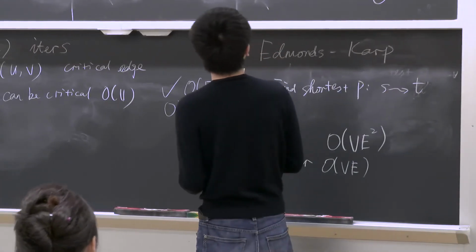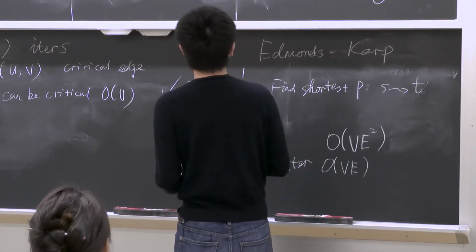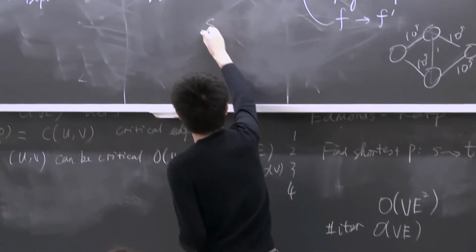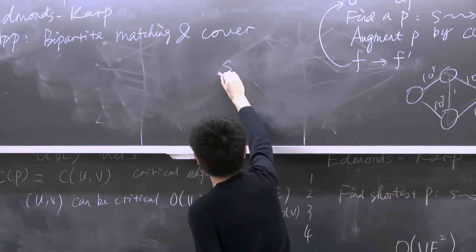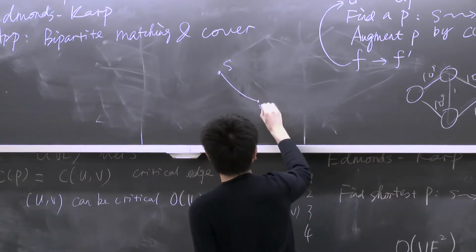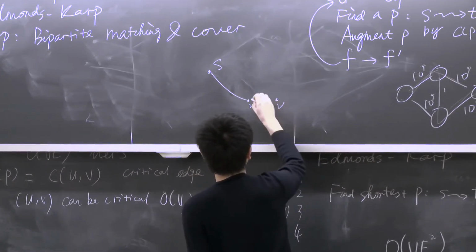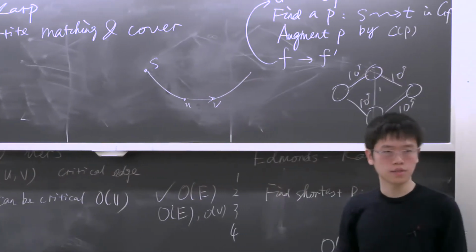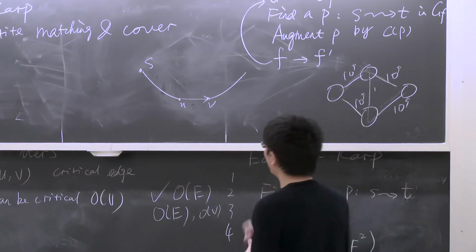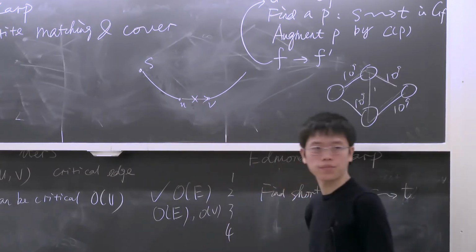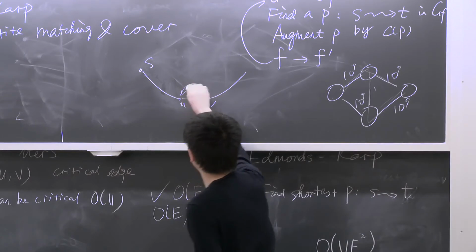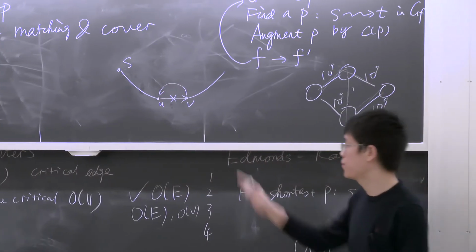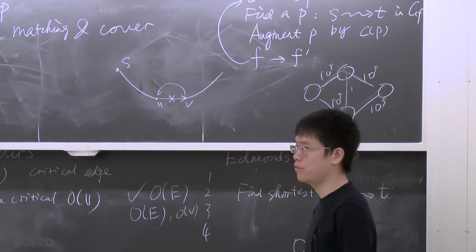Now, how do we show that? So again, let's assume we are augmenting a path that goes through U to V. If we do that, by our algorithm, we will get rid of this path, right, and have an edge backwards when we go from f to some other f prime.